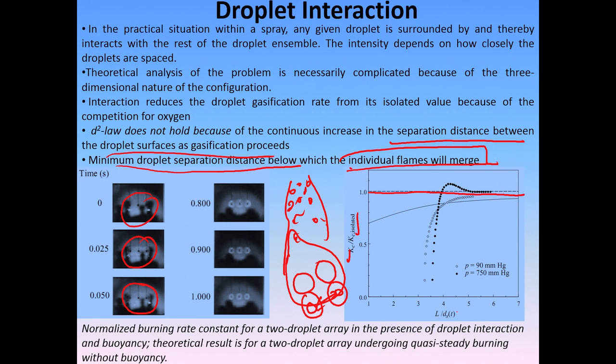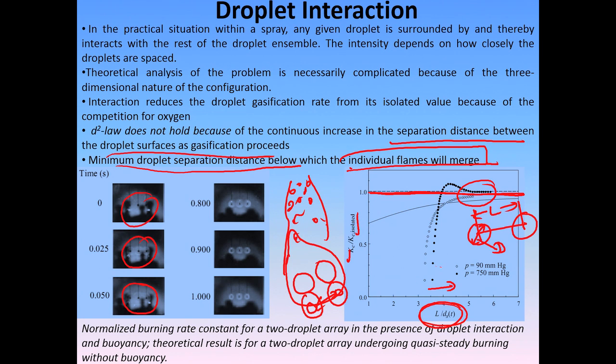As you increase your L by D, where these are two droplets, this is your L and this is your D, as your L by D ratio increases, you approach this value of 1, that means the individual droplet burning behavior is re-established.